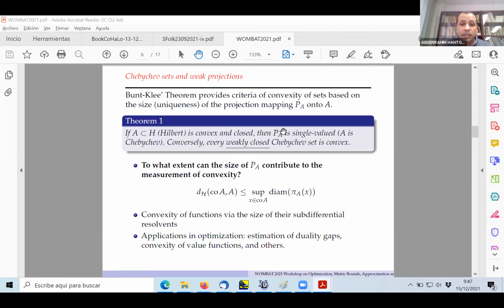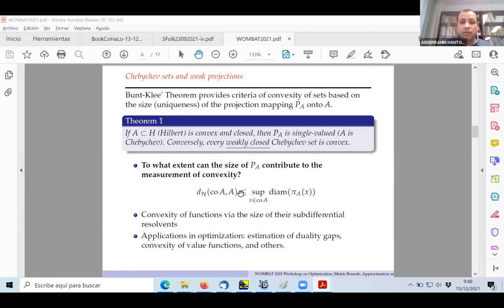Of course, if the projection is each time a singleton, which means diameter 0, the set involved is convex. So what we ask in our case is whether, for a general set, not necessarily convex, having some information about the diameter of the projection also allows us to have information about the shape, or about how far the set is from convex.